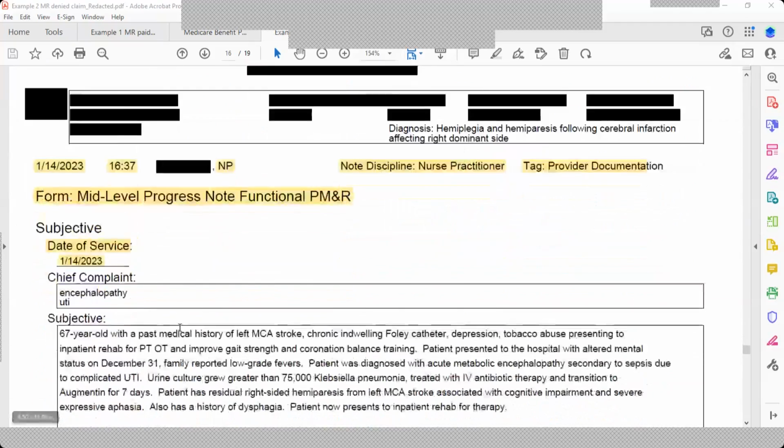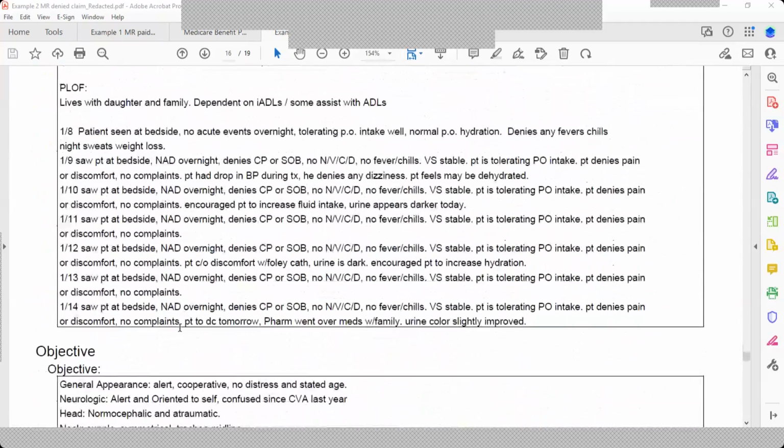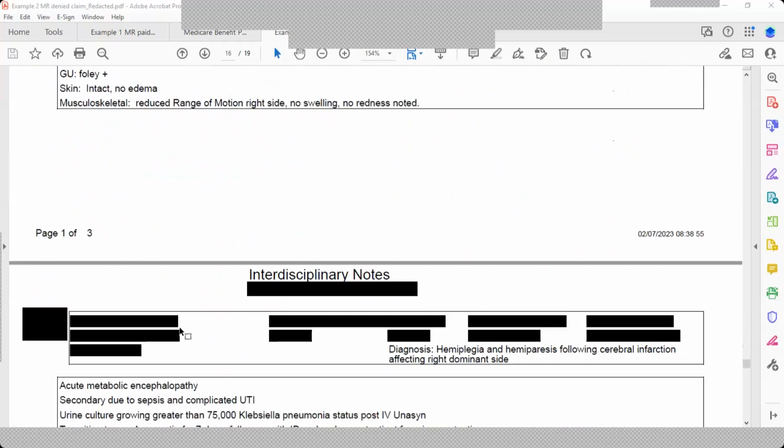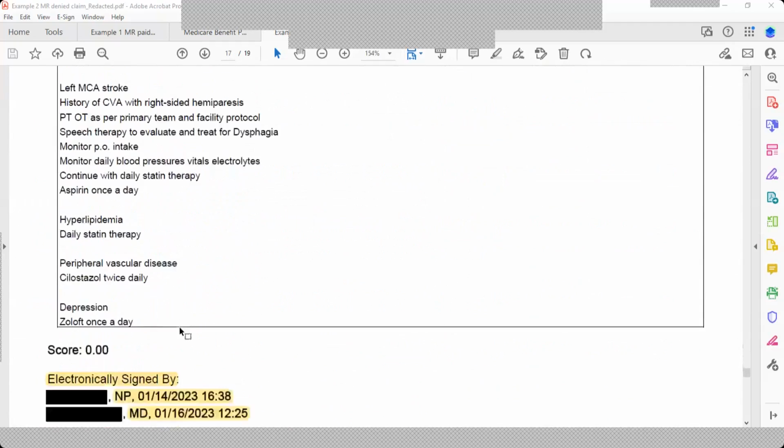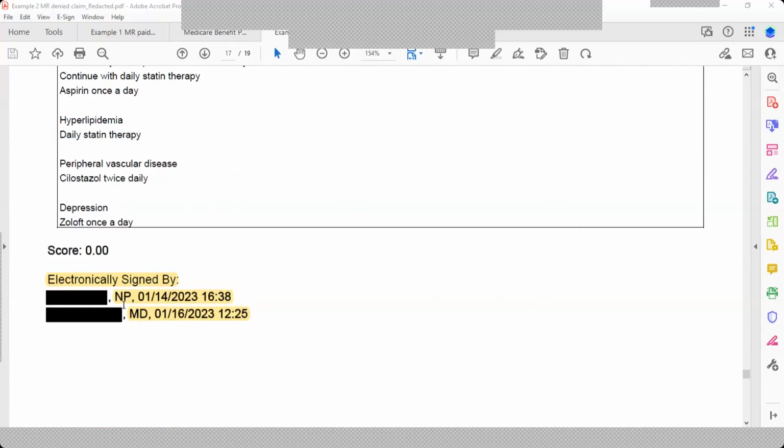And here's our note from January 14th. And again, electronically signed, dated, and timed by the nurse practitioner on January 14th and co-signed by the physician on January 16th, 2023.